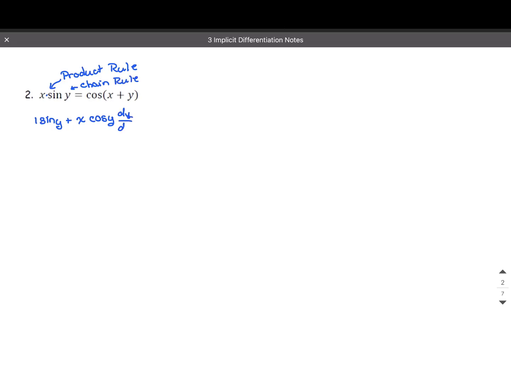Don't forget also, you have to use the chain rule, because what is the derivative of y? It's dy/dx, equals the derivative of cosine, which is negative sine, keep the angle x plus y, times the derivative of the angle. The derivative of the angle x is 1, plus the derivative of the y is dy/dx.